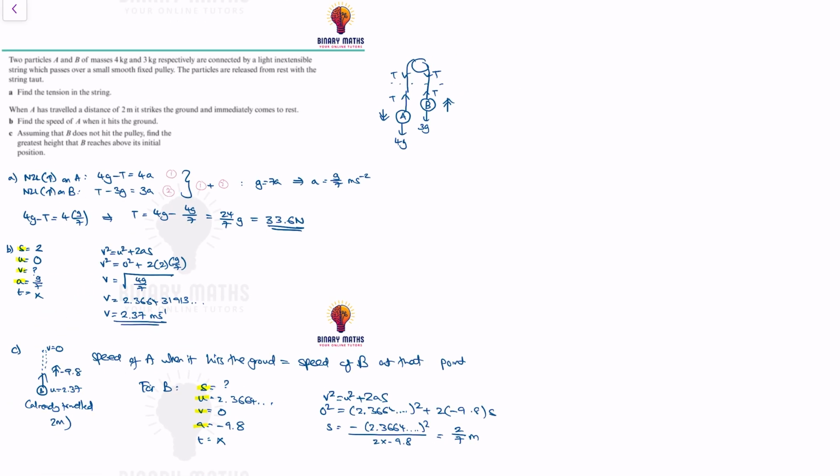So the greatest height that B reaches is the 2 meters that it traveled at the beginning, at the point where A hits the ground, plus the 2/7 meters that it travels afterwards until it gets to its greatest height, which is 2 2/7 meters.